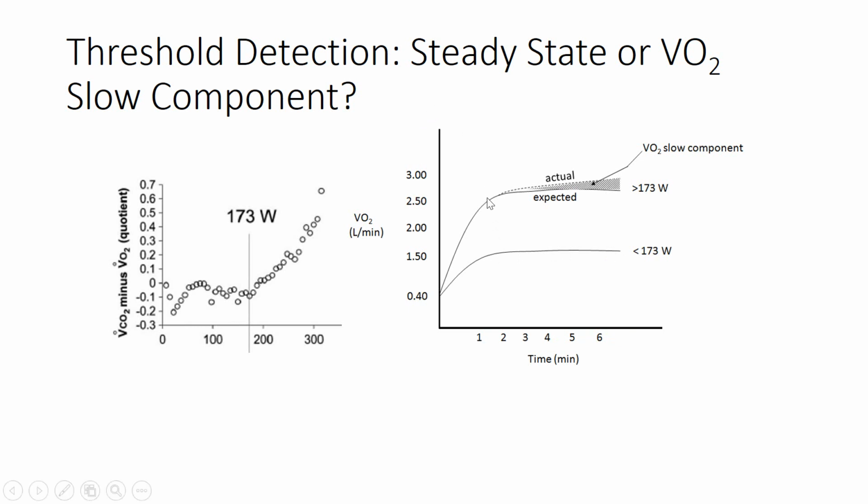However, at intensities exceeding the lactate threshold, you'll see this slow component emerge. And this is above the expected intensity. And I'll explain a little more about that in a minute. But let's first cruise through real quickly what is causing this additional oxygen response, this slow rise in oxygen.